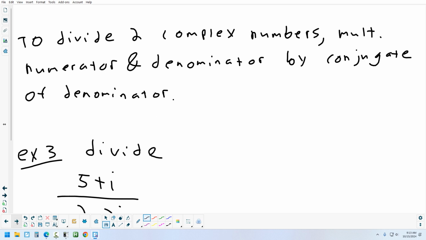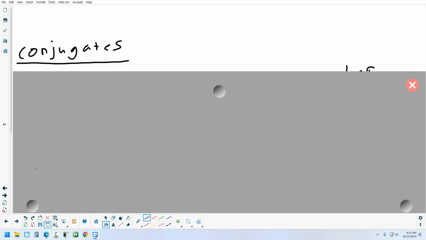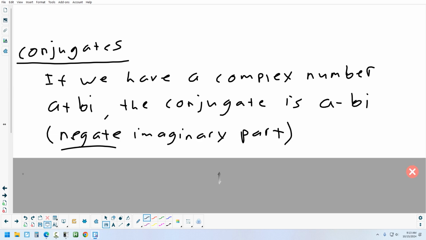All right, so last review concept, and then we're going to get into some roots, is division. Okay, to divide two complex numbers, the only thing you have to remember is you just can't leave i in the bottom. So the way you fix having i in the bottom is to use what's called a conjugate. It's just like the opposite, basically.